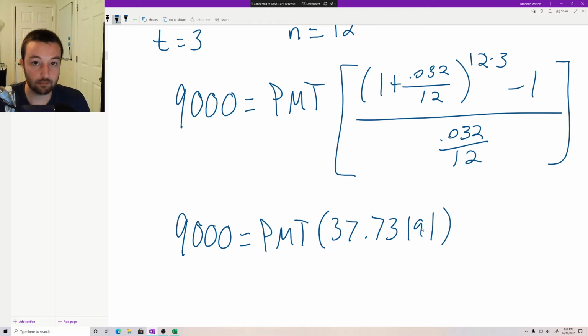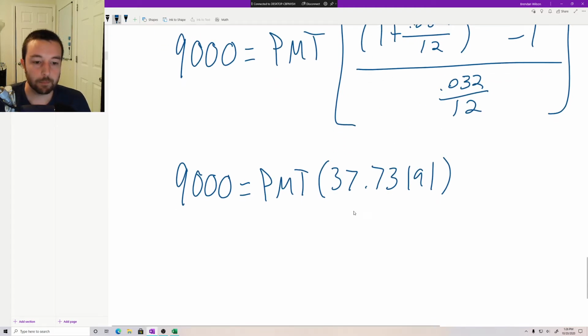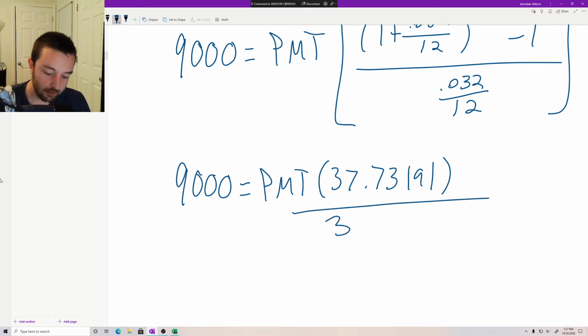Now we're doing the payment multiplied by 37 point all that. So to get the payment by itself, we should divide both sides by the 37 point all this.